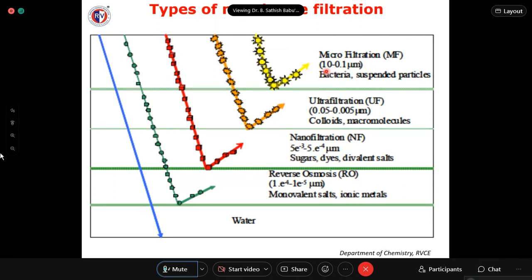You can filter only impurities of this size, 10 to 0.1 micrometer, and all other smaller particles will pass through this membrane. This process is called the microfiltration process.